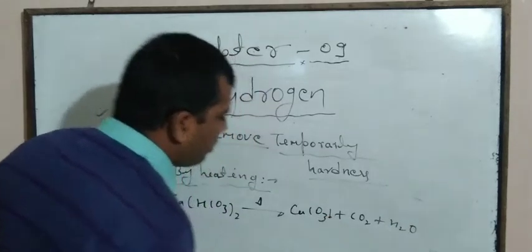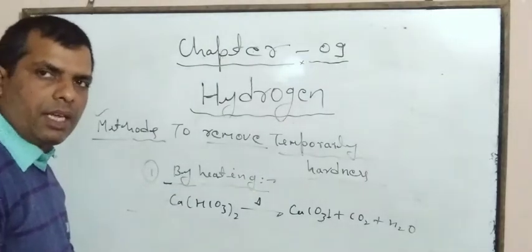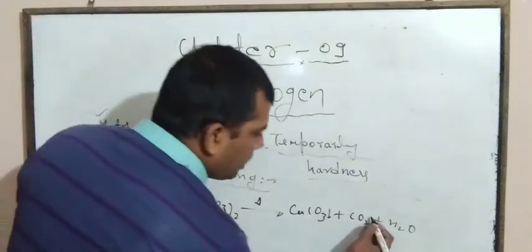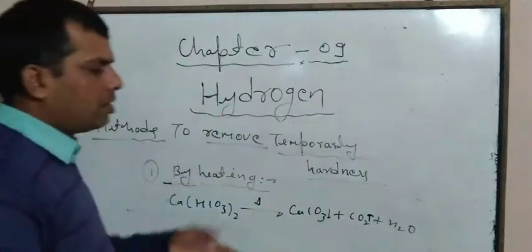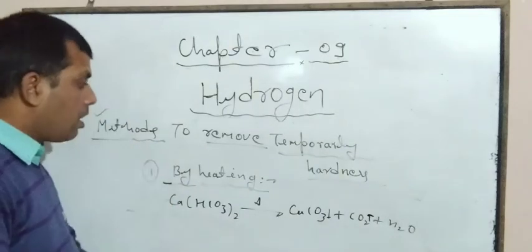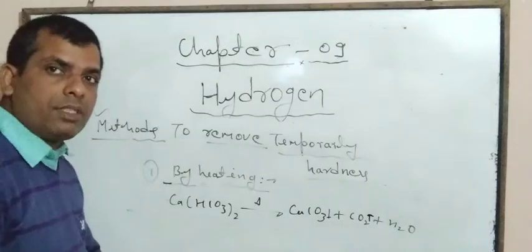Calcium carbonate settles down at the bottom of the container in the form of precipitate or suspension. Carbon dioxide is a gas.